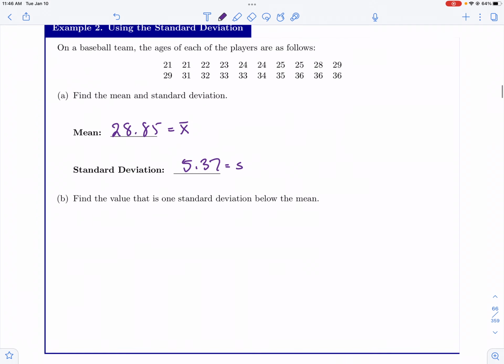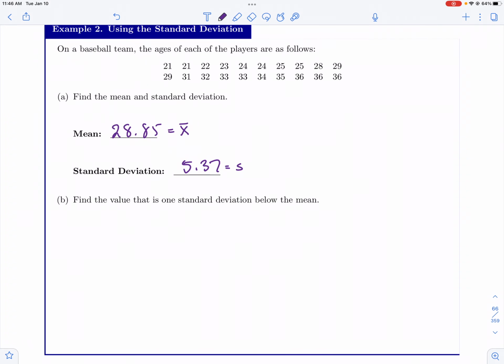All right, so now what we want to do is lay out what one standard deviation below the mean would actually represent. I'm actually going to do more than just one. I'm going to do 1 below, 1 above, then 2 below, 2 above, then 3 below, and 3 above. And this is going to relate back to our z-scores.